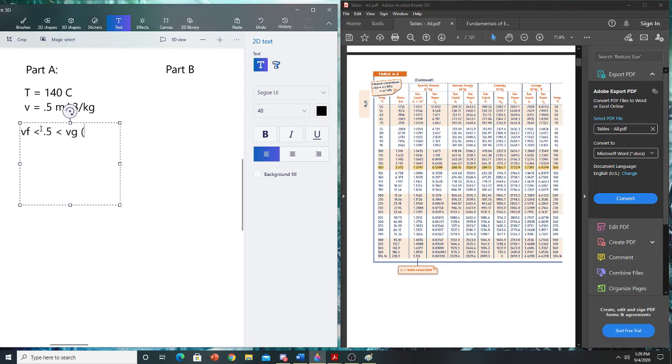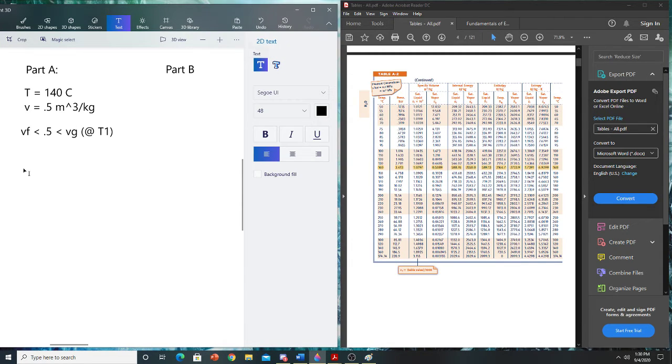And this is at T equals, or at T1, our temperature 1, which is 140. What that means is that our value is inside of the saturated region, because it is inside of these two numbers. Now, it is very close to the edge, I agree with you. If it was 0.5089, then you could say it is saturated vapor. But it is not. There is still a little bit of liquid in there.